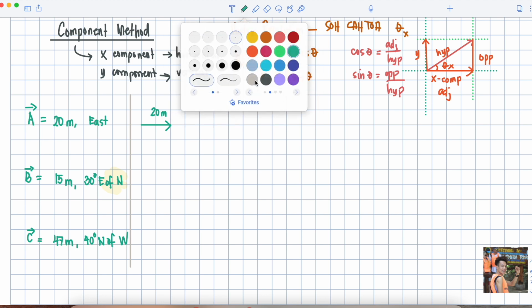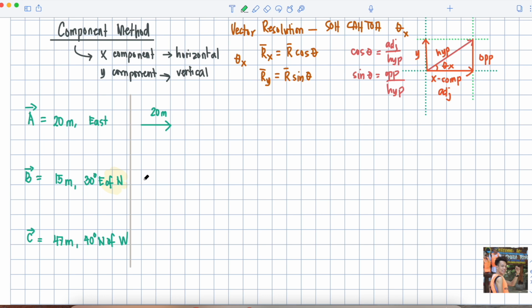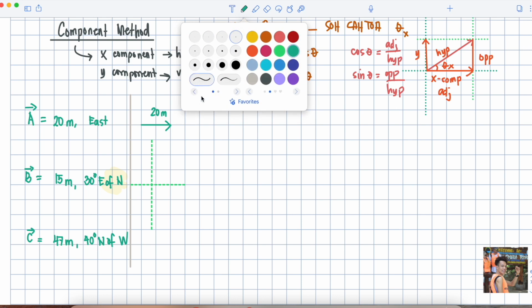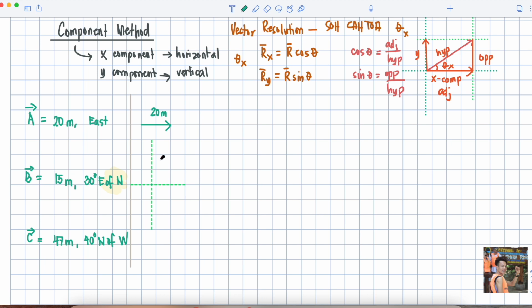So let's draw first our imaginary reference Cartesian plane. And our vector is 15 meters. So starting from north, you measure 30 degrees going east. Let's just approximate. Anyway, we are not doing the graphical method. So this now is 30 degrees.